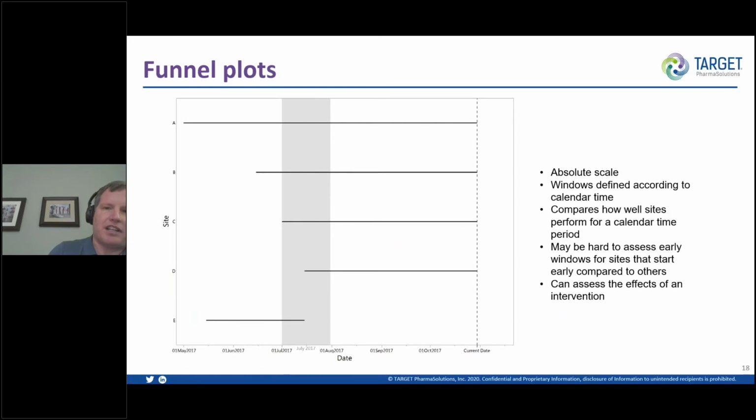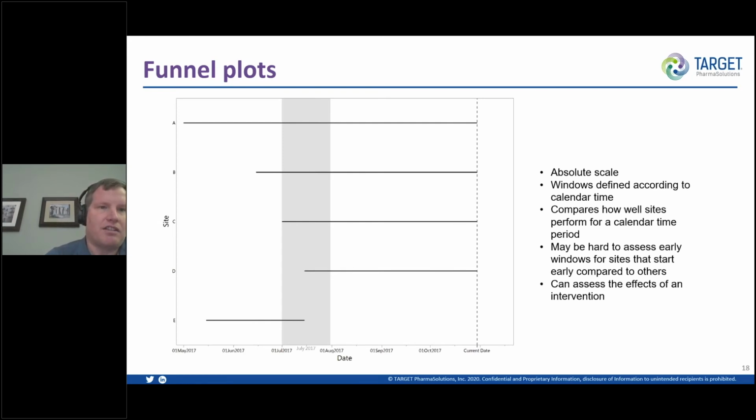And I just want to make a comment about relative and absolute scale. I think we tend to, within our trials, think on an absolute scale. So we talk about looking at errors within a particular time frame of a study. So we may want to look at our quality within the first 25% of patients or the first 50 or 75% of patients, or we may be talking about looking at quality from month to month.